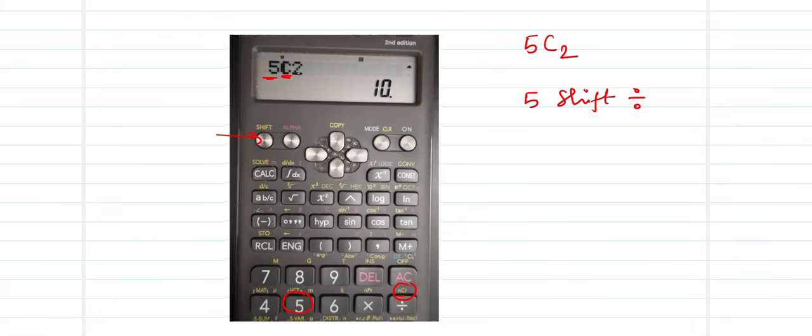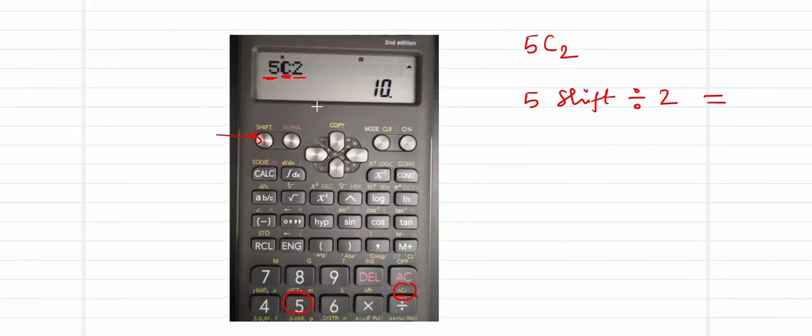Next, I need a 2. So press a 2 on your calculator. When you key in 5, shift, division sign and then a 2, you will have 5C2 displayed on your screen. You need the answer, so press the equal to sign.